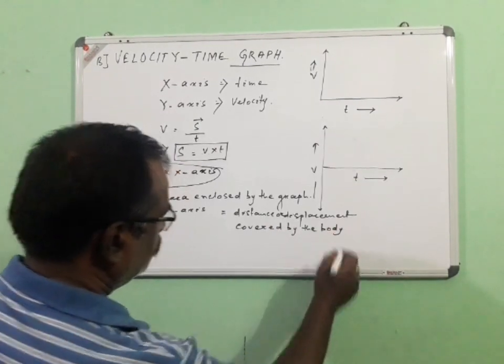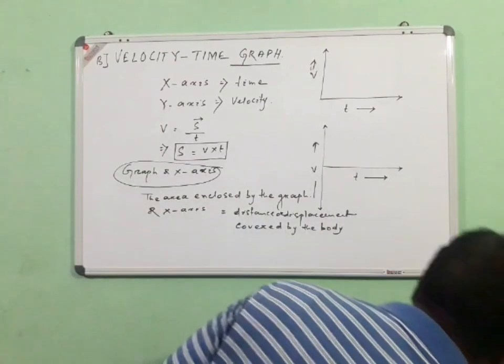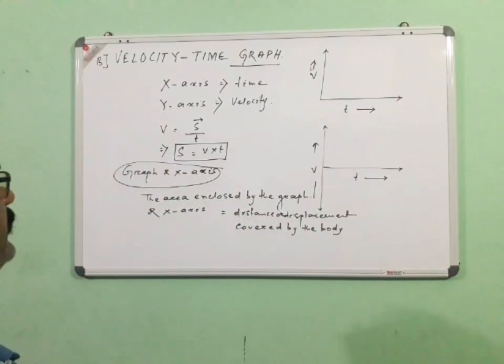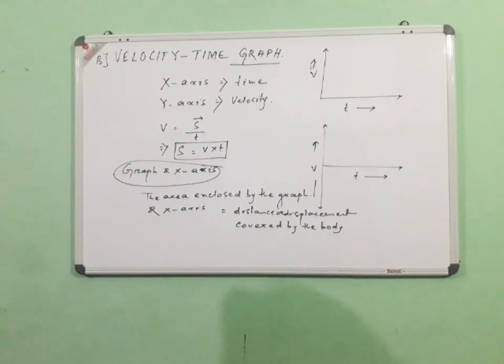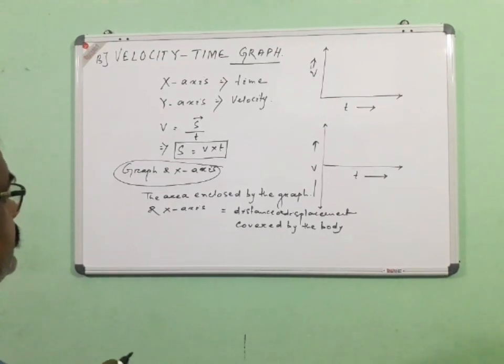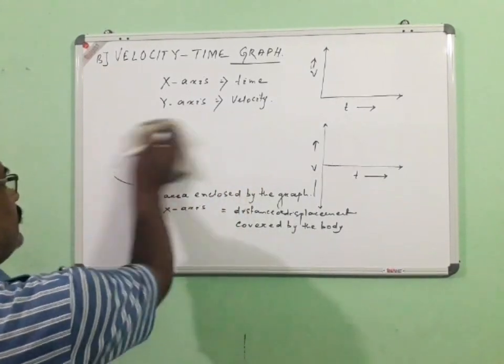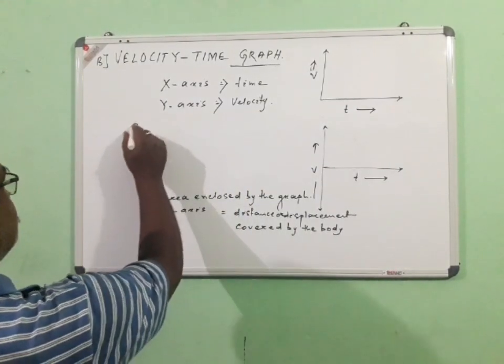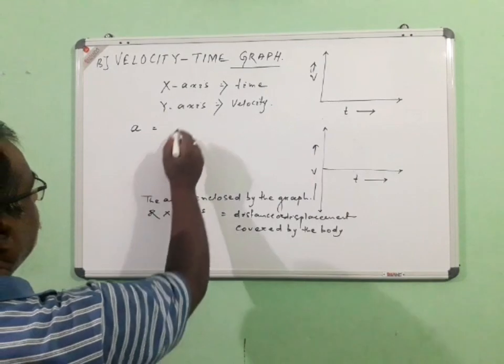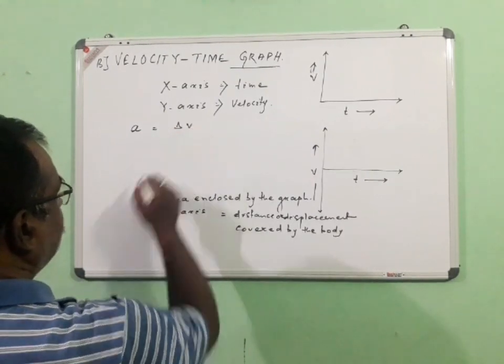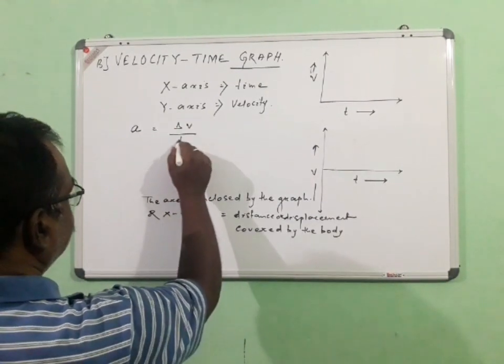On the other hand, we have also seen from the formula that the rate of change of velocity is your acceleration. So acceleration a is equal to delta v, or change in velocity, with respect to time.